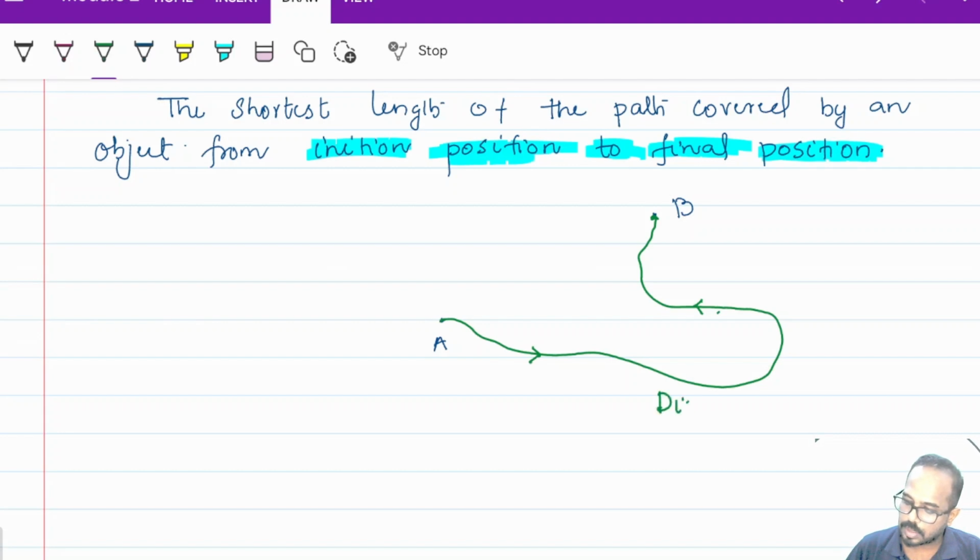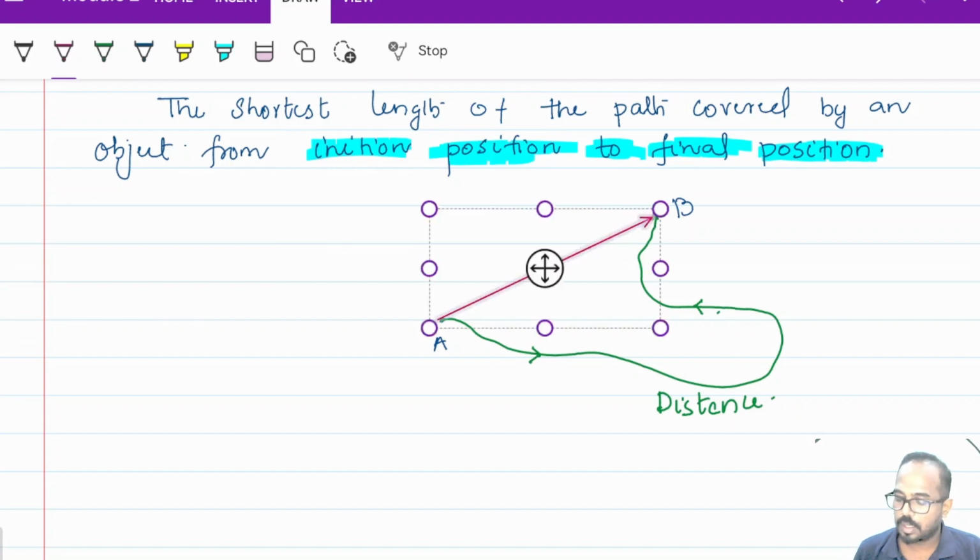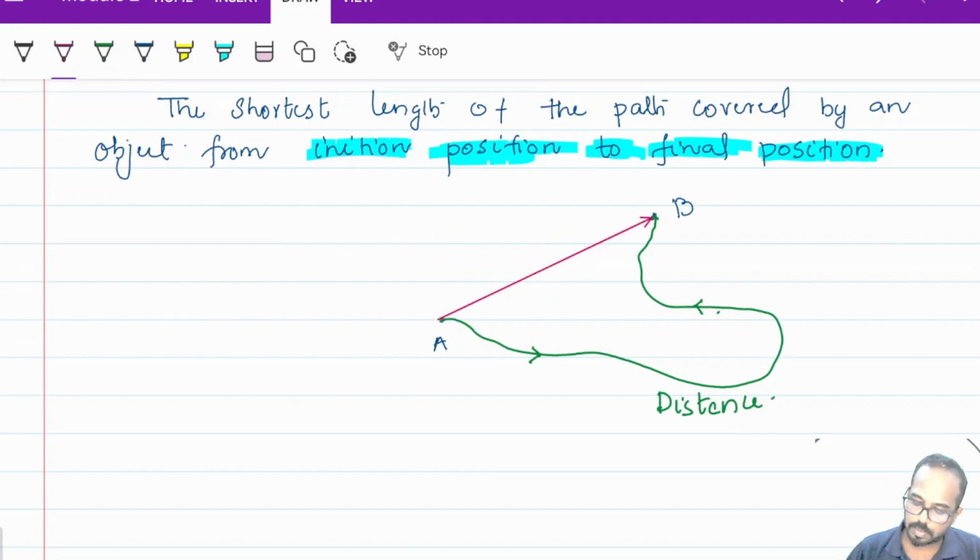This is distance. It can be in any direction, okay? And what will be the displacement? Displacement is the shortest distance. That means it will be a straight line, right? A straight line is always the shortest distance. So this is red. This is a vector quantity, and this is displacement.